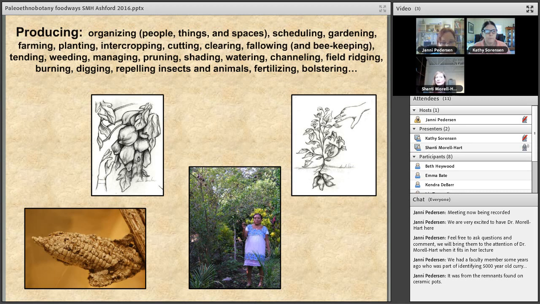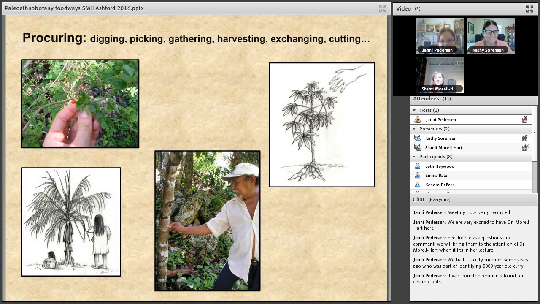We can think about field ridging, burning, digging, all the sorts of things that people do to prepare their plants or to go out and collect plants in different ways. So this runs the whole gamut from active cultivation and even domestication of certain plants, right down to seeing a weed in the sidewalk and picking it up and bringing it home because you think it might have some sort of use. I don't necessarily recommend that anybody does that.